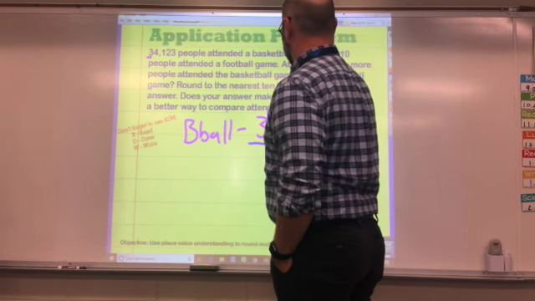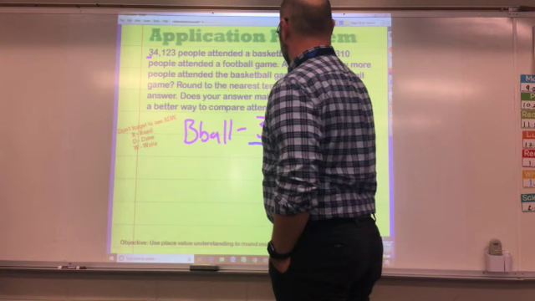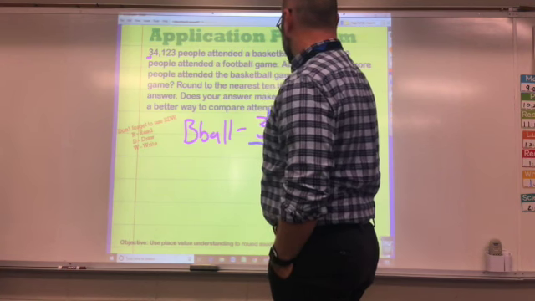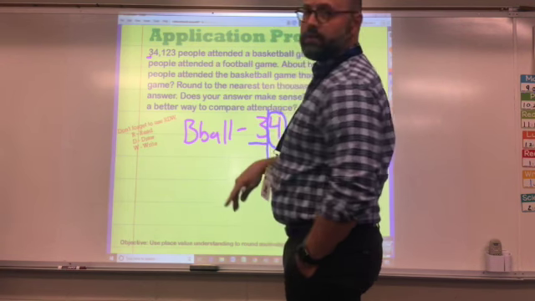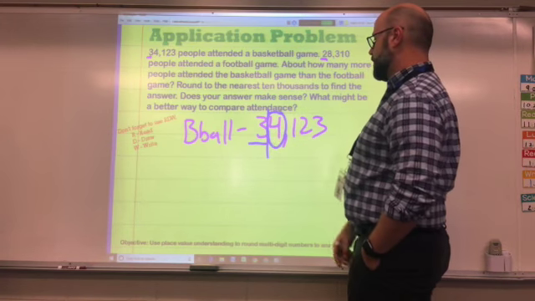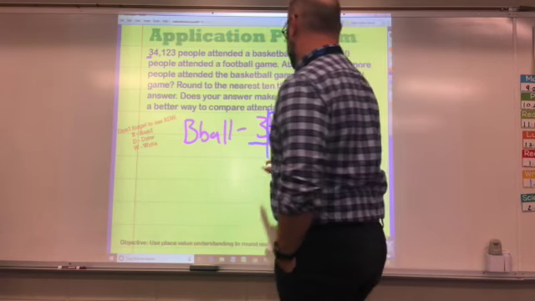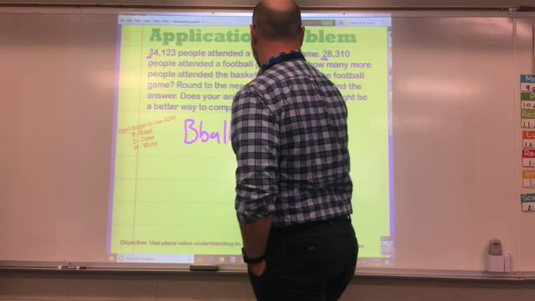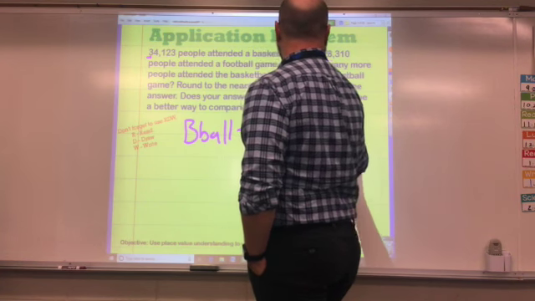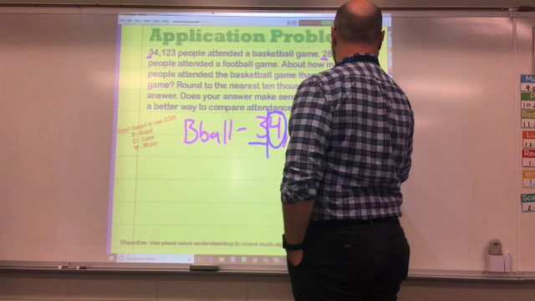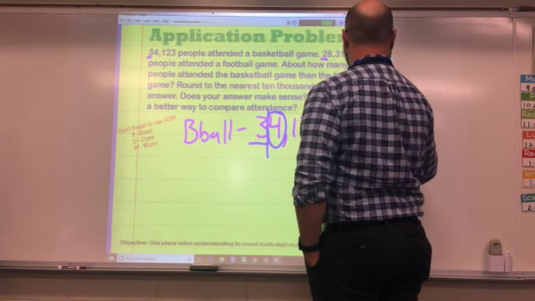Look at the number next to it to see if you're letting it rest or raising the score. 5 or more raise the score, 4 or less let it rest. That is 4. So that 34,000 will become 30,000.